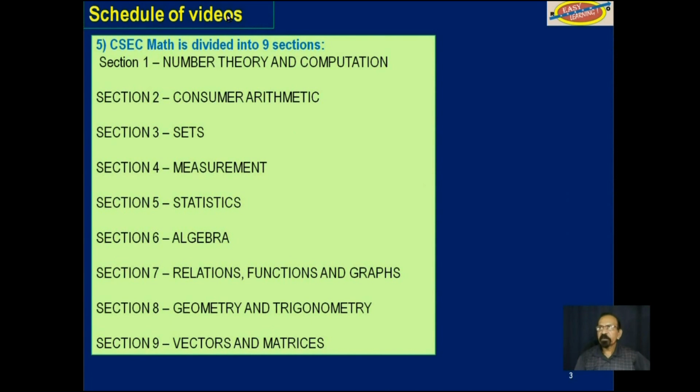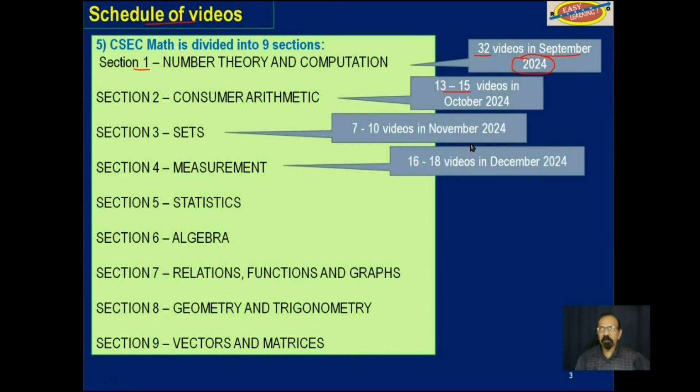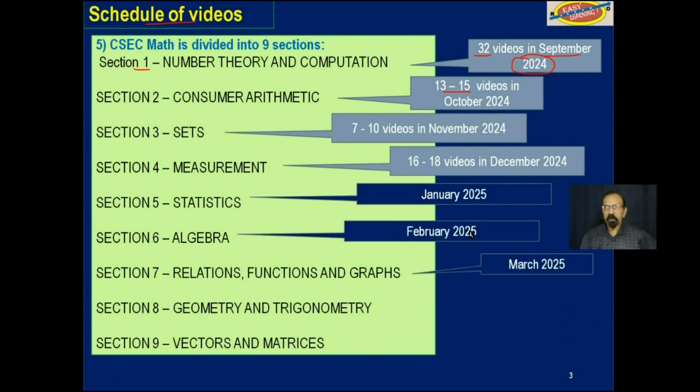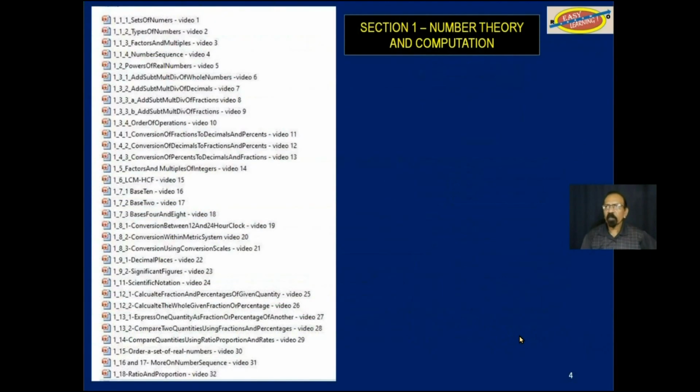Schedule of videos. By September 2024, which is this month, I'm hoping to have all 32 videos from section 1, and then October, November, December, January, February, March, April, and May, early May 2025 or late April 2025, to have all the videos completed.